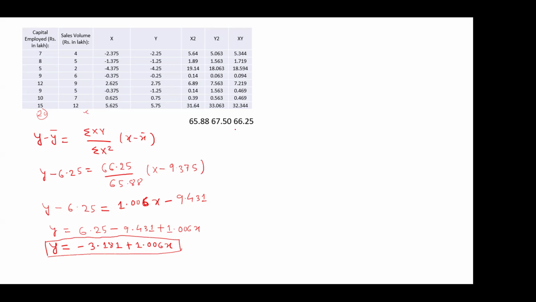In the same way, when you have to find out the x value, I will write the equation here: x minus x bar equal to summation xy divided by summation y square into y minus y bar. You know what x bar is from the previous slide. You know the value of y square and the summation of xy.